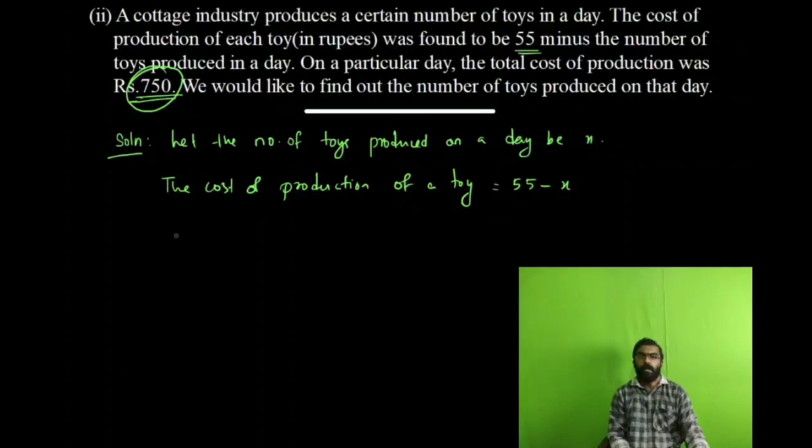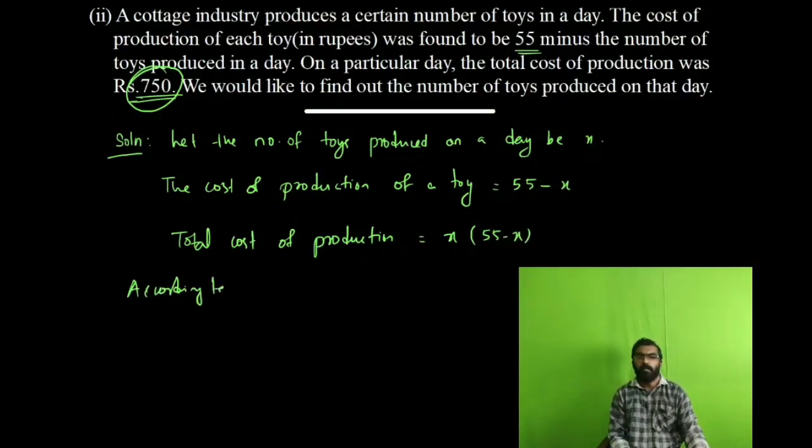So the total cost of production is equal to x into 55 minus x. And according to the question, it is given as 750. So we can write, according to the question, x into 55 minus x is equal to 750.